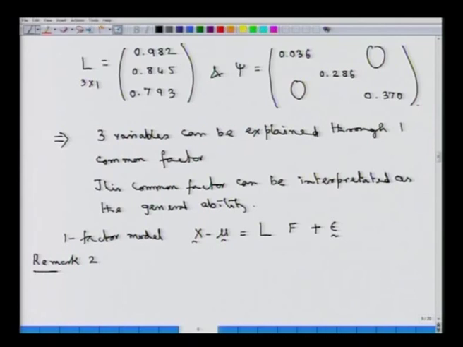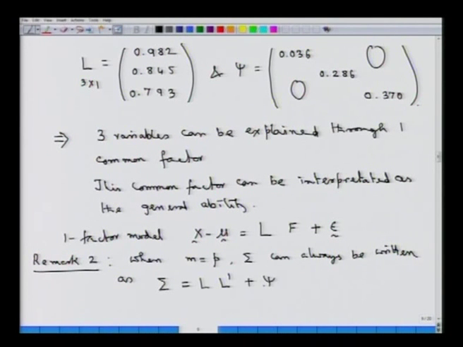Then remark number 2 is that when we take m to be equal to the number of original variables p, sigma can always be written as sigma equal to LL dash plus psi, with psi equal to a null matrix.